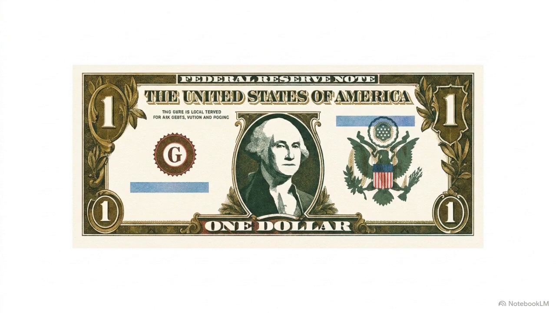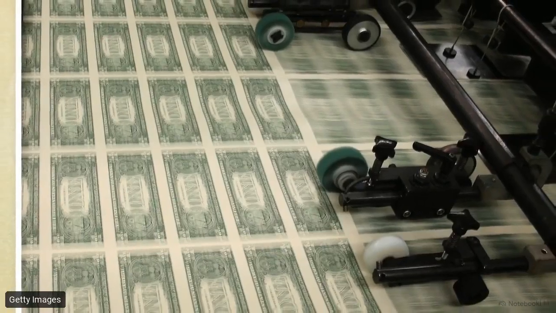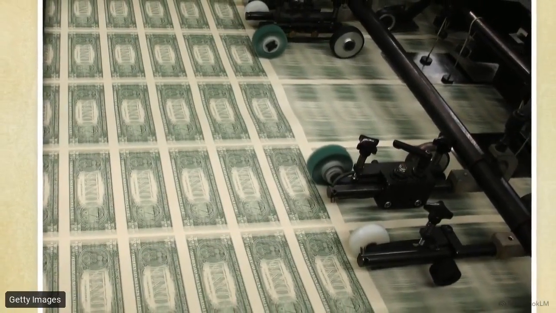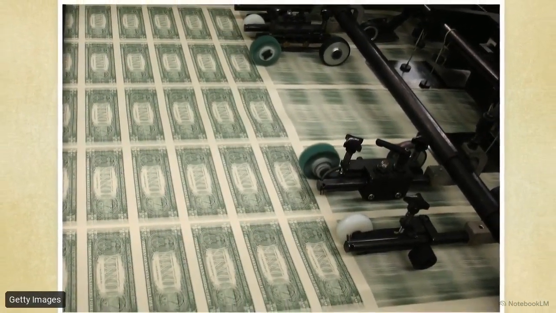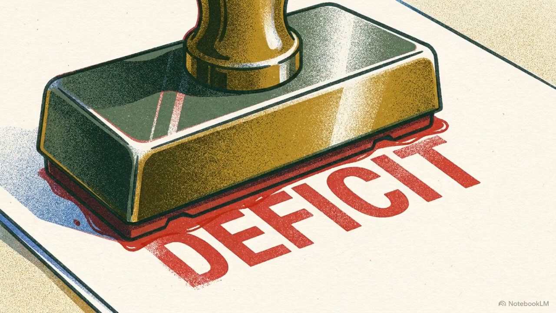The dollar was transformed into fiat currency, a piece of paper backed by absolutely nothing but a government promise. Without that gold anchor, the government gained a dangerous new power. They could now print an unlimited supply of dollars whenever they needed to fix a problem or cover a deficit.